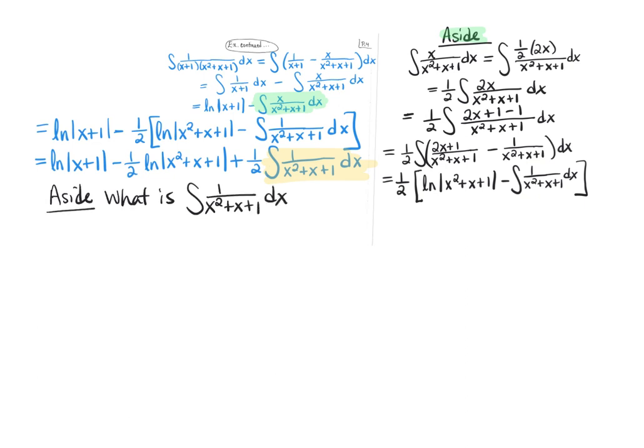Now, for this, we need to do a trigonometric substitution. So hold on, because now we have to write out some things. Well, we look in our denominator, we're going to have to complete the square here. So the integral of 1 over x squared plus x plus 1 dx is equal to, we're going to complete the square.